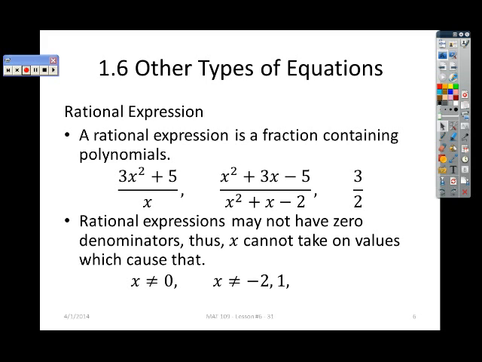If we come up with a solution for this that had these two values, we'd have to throw those values away and say there's no solution. So that does affect when we're working problems, solving equations. We need to be conscious of that requirement, that the denominator cannot be 0. Here, no variable, so all values of x are fine there because there really aren't any values of x there.